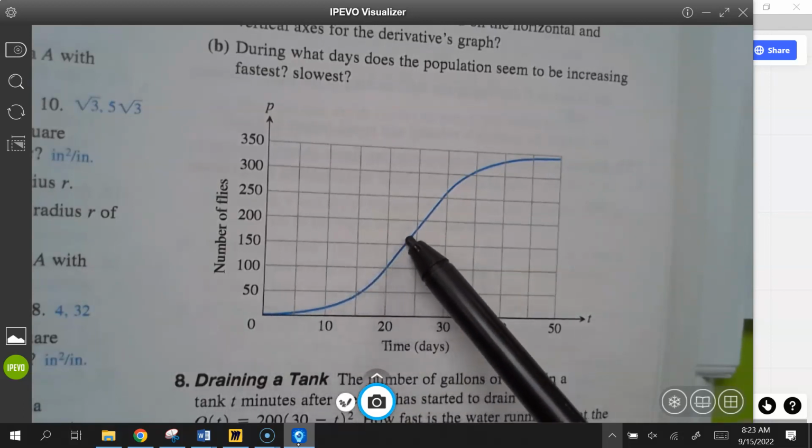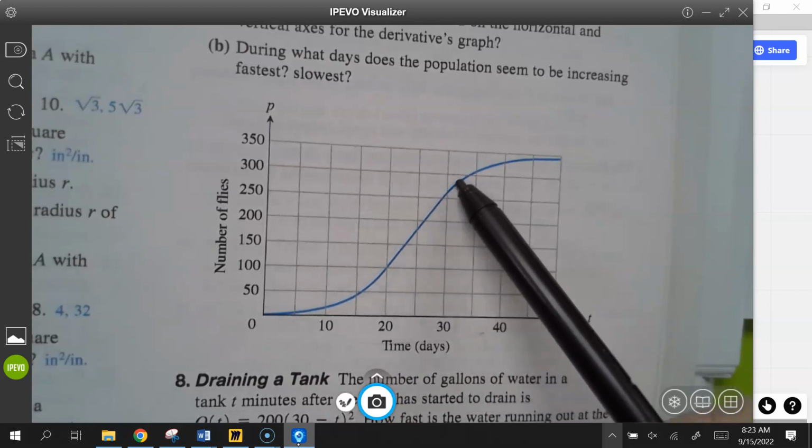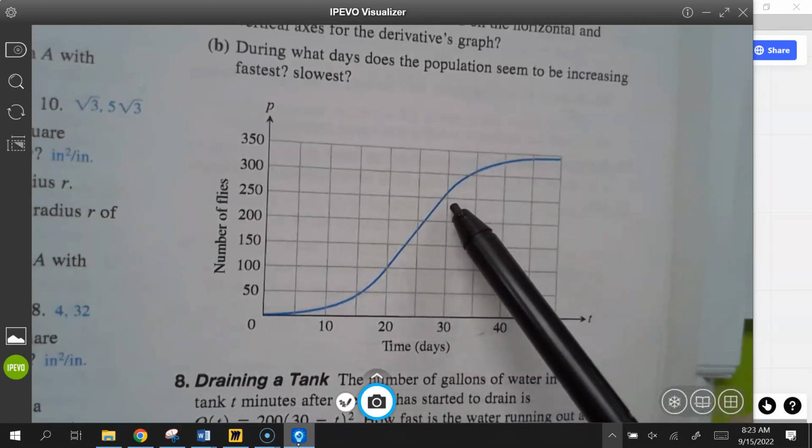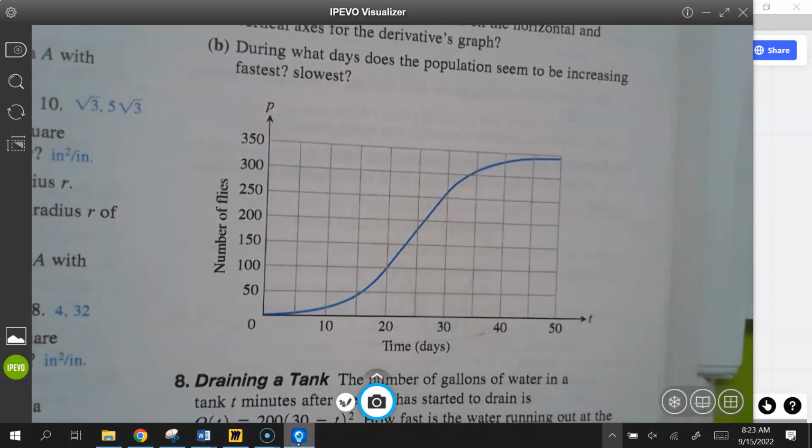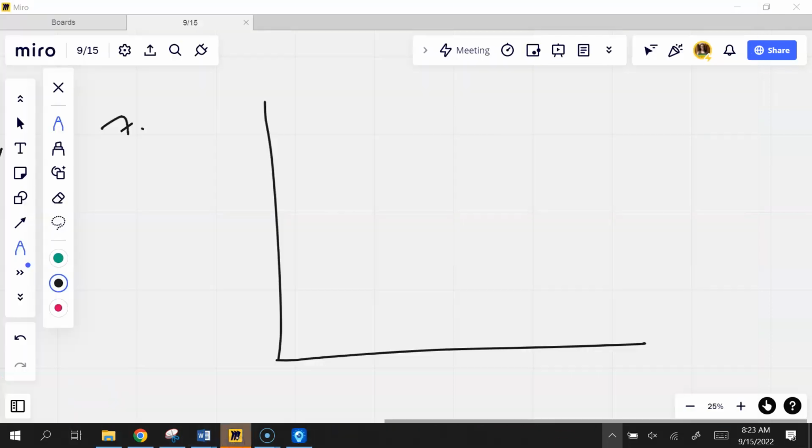Increasing, and it's getting pretty steep, but it's always increasing, right? Do we see that? Always. So something like positive, always increasing, so it's always positive, but less positive. Something like that. Is that what y'all got?